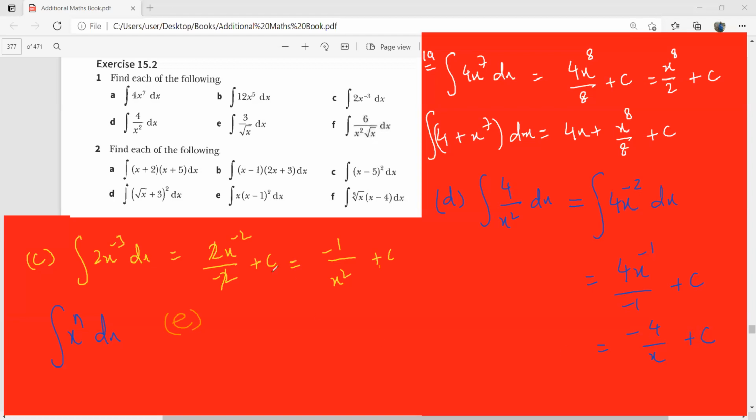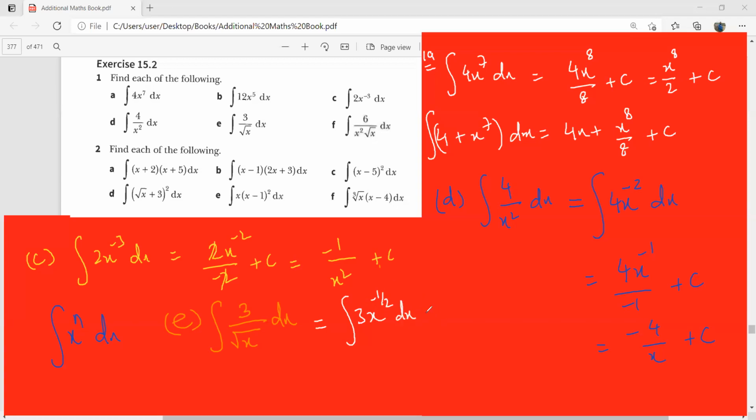Okay. Now look at this e part. I'm sorry for this color being very light here on this red background. So this is your 3 over under root x dx. I will not integrate this right now. I'll first write it as 3x to the power minus half.